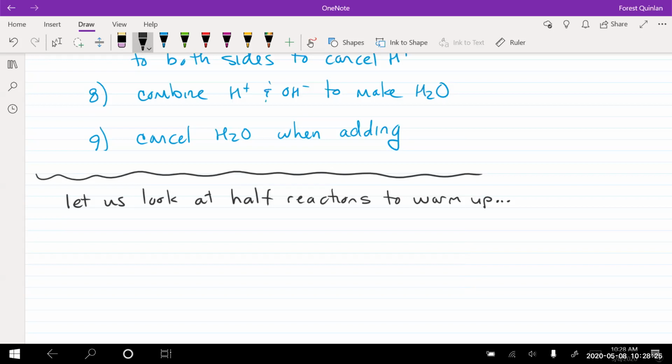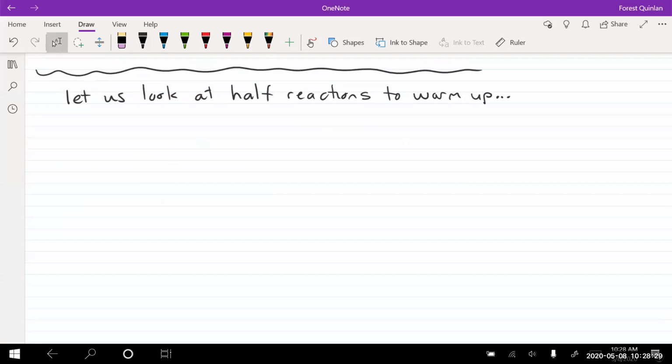Let's just practice balancing half reactions before we move all the way to adding everything up. I'm going to do this by steps. So you'll see me writing a lot of things here. So I want to take a look at nitrate becoming nitrogen monoxide. That's this half reaction.